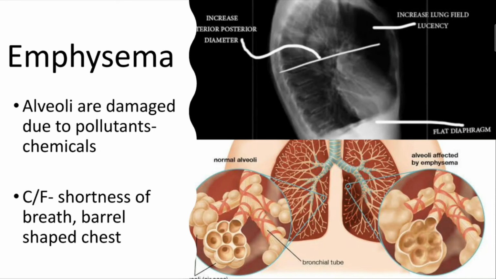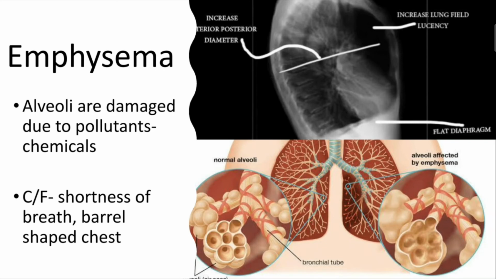Next is emphysema. In the start of the video, we have seen pneumonia where the alveolar damage is seen. Now here we are seeing another disease where we can see the alveolar damage, but the reason is different. In pneumonia, excessive fluid is accumulated in the alveoli.